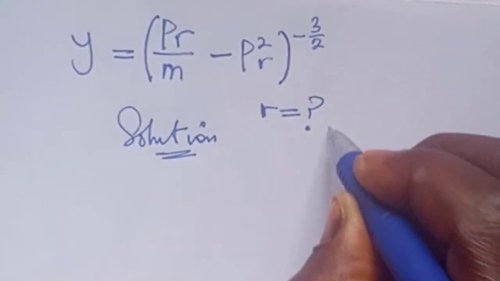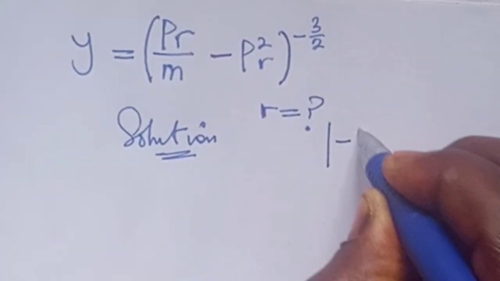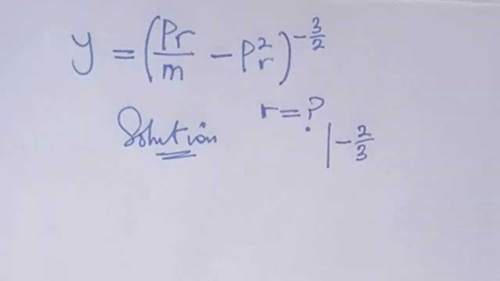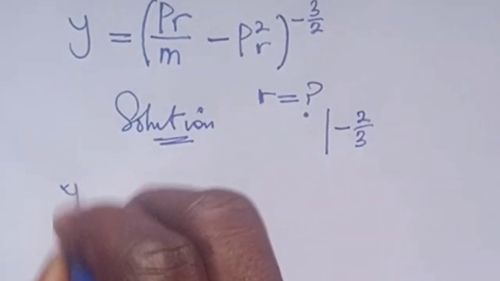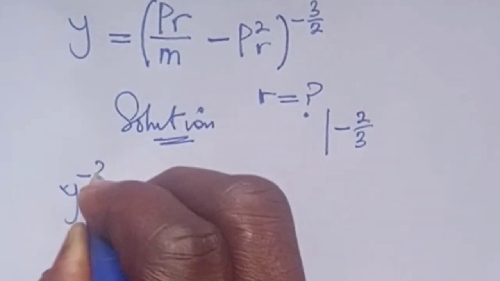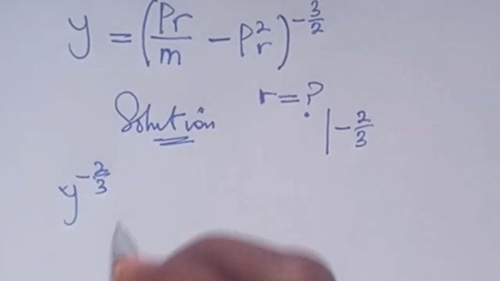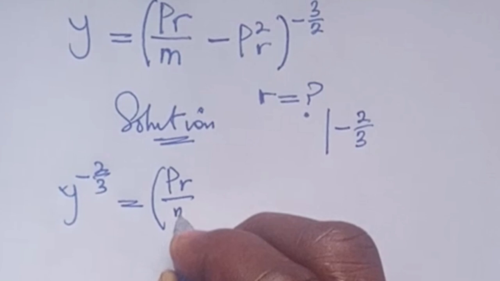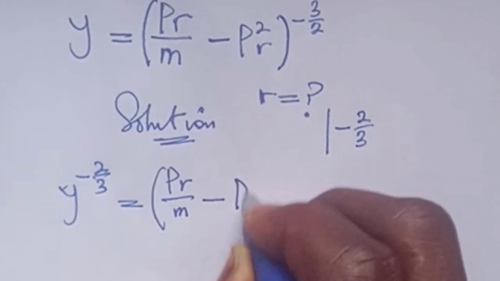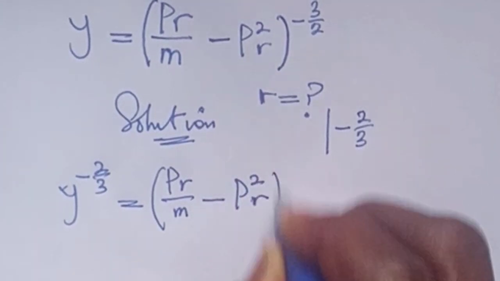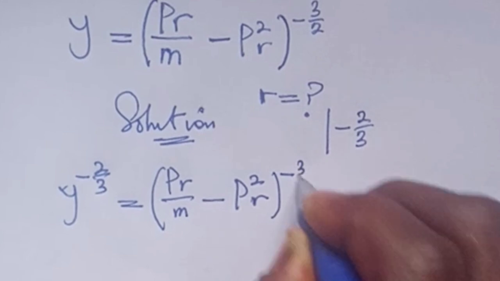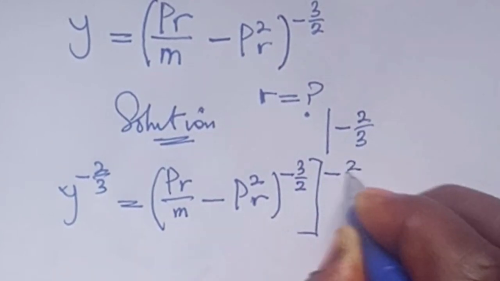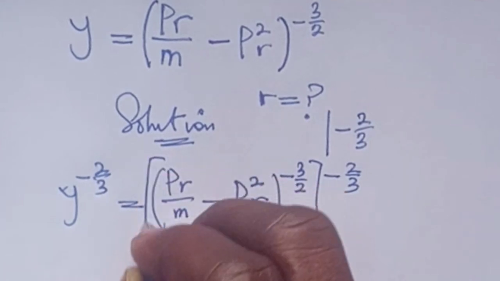From here, we're going to raise the power of 2 over 3 on both sides, so that our equation will become y to the power of minus 2 over 3 equals p r over m minus p to the power of 2 times r to the power of minus 3 over 2, all raised to the power of minus 2 over 3.